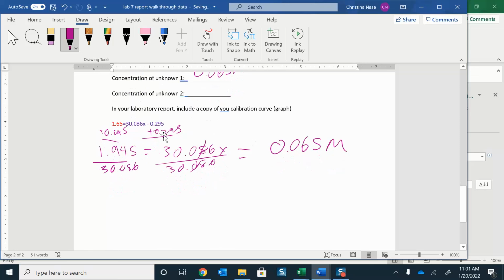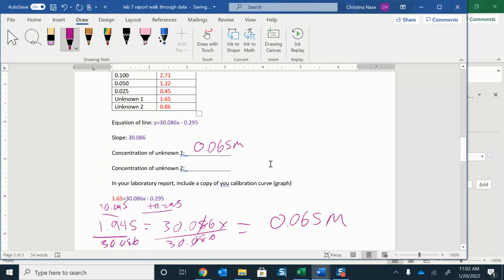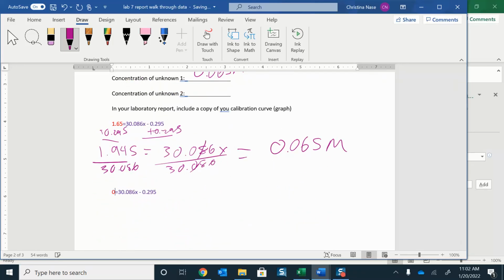I have the same equation. I just have a different absorbance. Put that down here. And instead of that absorbance, I'm going to use this one, 0.86. So I got 0.86. And so I'm going to add my 0.295.